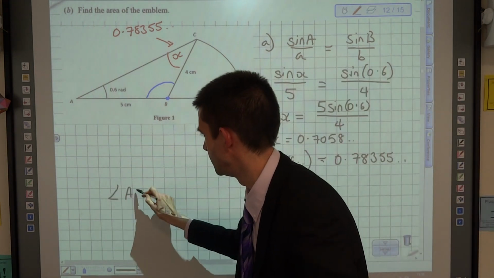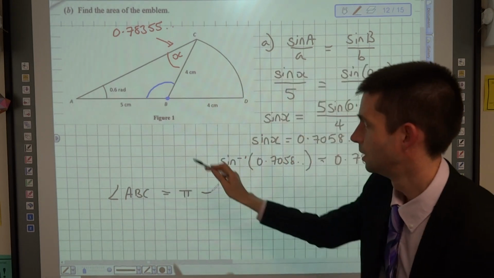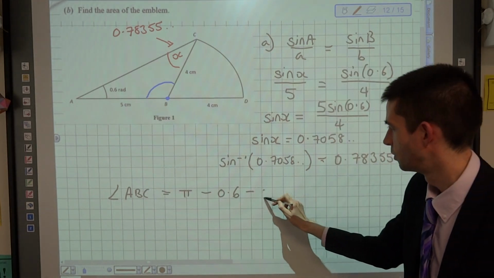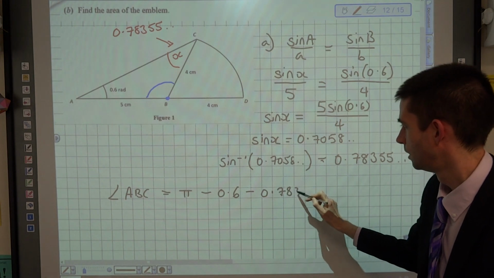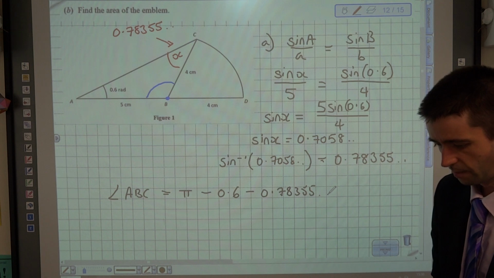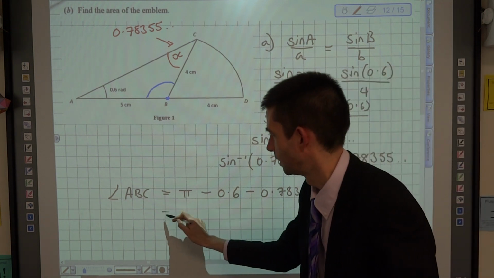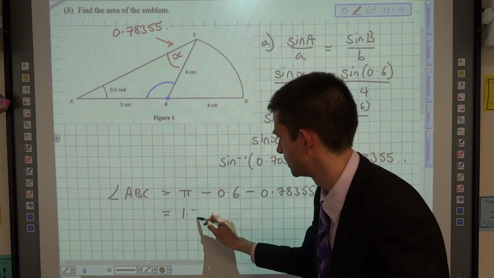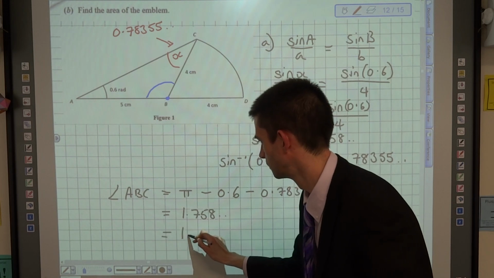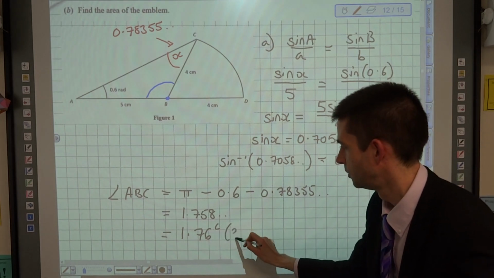So angle ABC should be equal to pi minus the 0.6 that we already knew, minus the 0.78355 that we've just calculated. So I'm just going to do pi minus my answer, minus 0.6, and it comes up as 1.758, which is 1.76 radians to 3 significant figures.